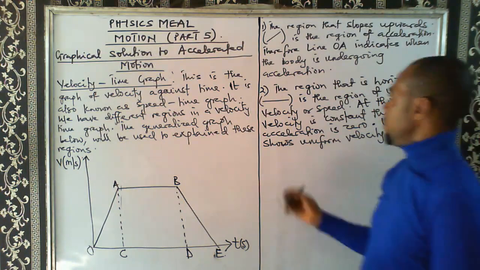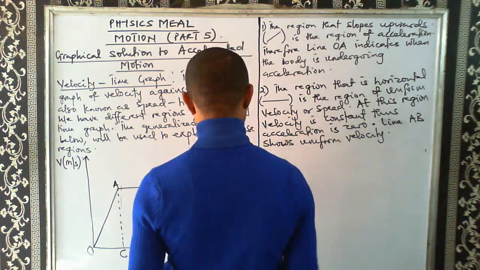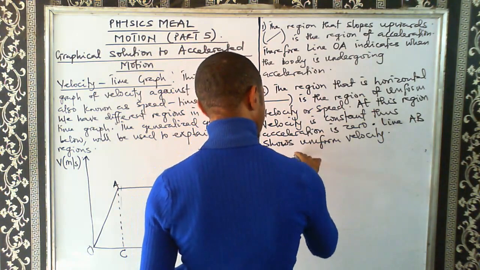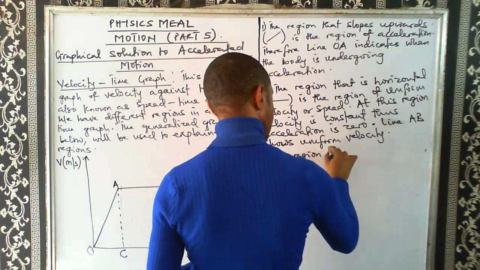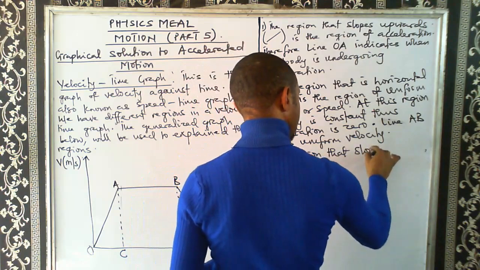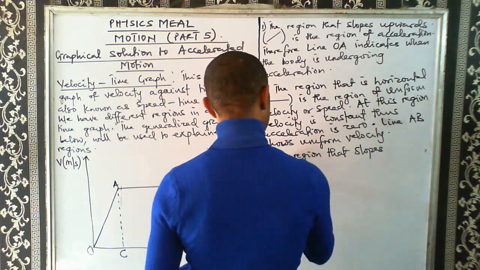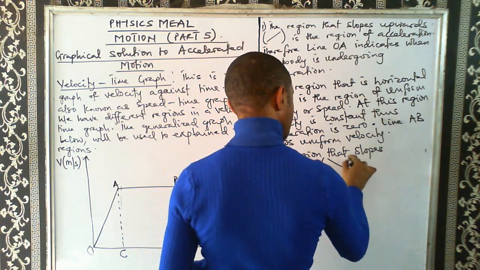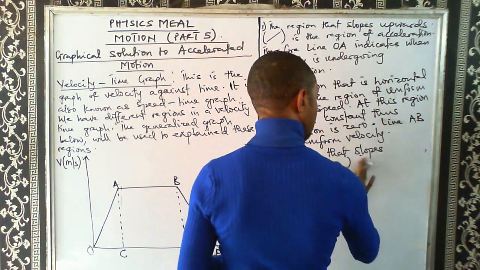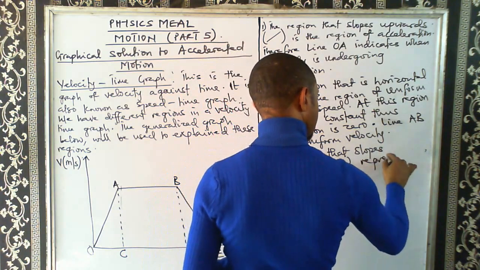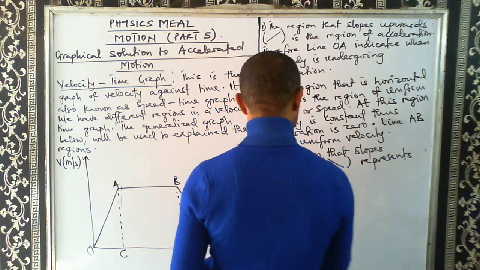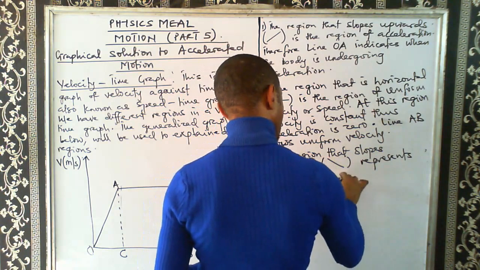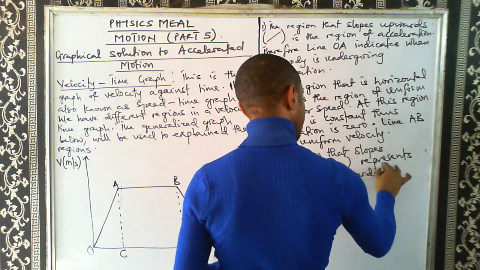Okay. Then the third region now. The region that slopes downwards. This now represents deceleration or retardation.